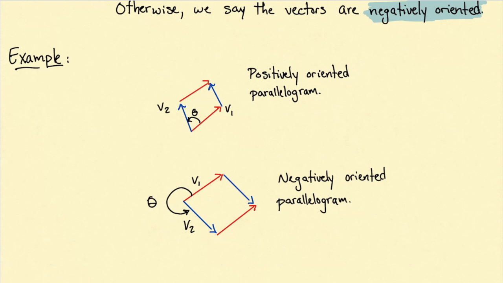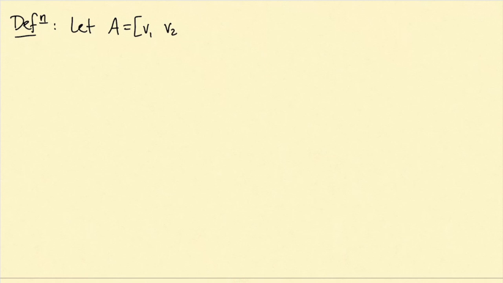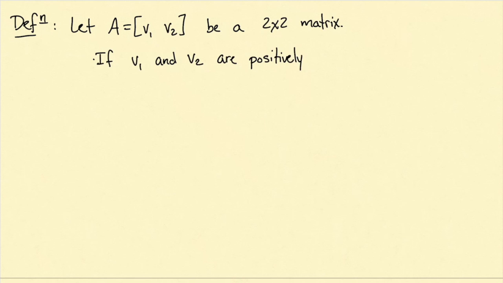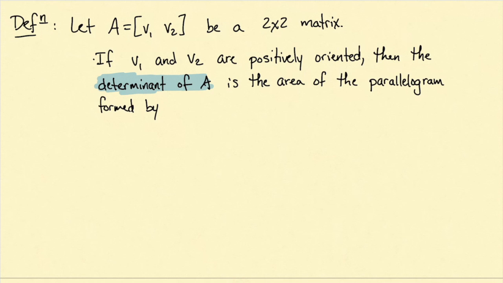So we make these two definitions for positively oriented or negatively oriented in service of defining the determinant for a 2 by 2 matrix. So we're going to let A, with columns v1 and v2, be a 2 by 2 matrix. If v1 and v2 are positively oriented vectors, then the determinant of A is the area of the parallelogram formed by v1 and v2.